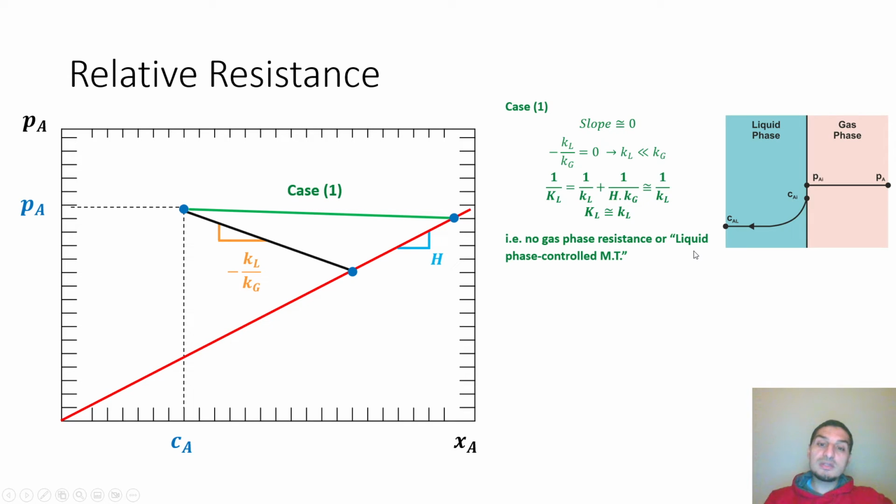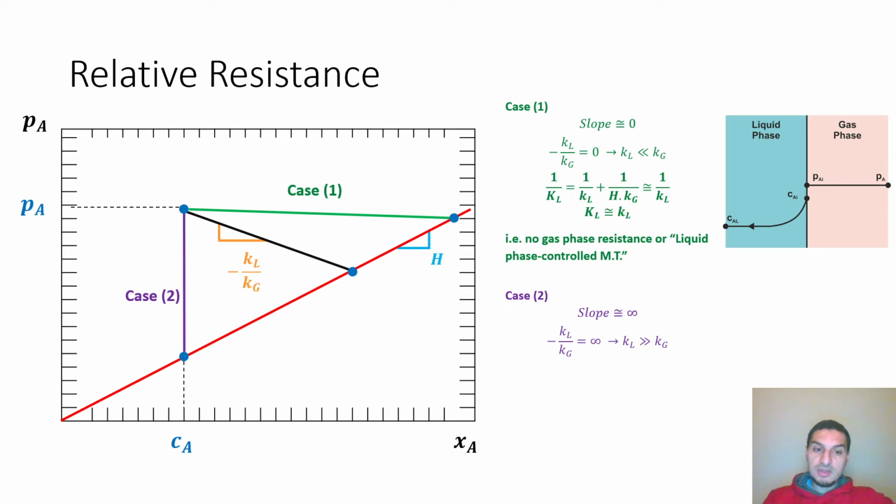The opposite is the other extreme case, which is when we have a slope equal to almost infinity, which means that delta y over delta x is infinity, so the line is vertical. And in this case, KL over KG is infinity, which means that KL is much larger than KG.